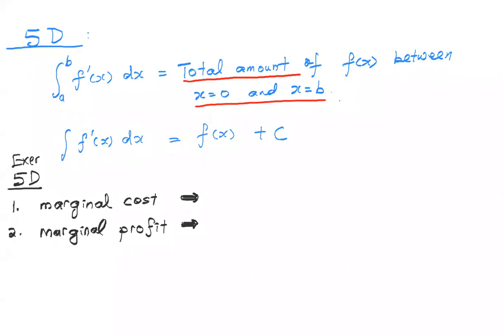Hmm? If you look at the question, example 10, or question 1, the marginal cost per day of producing x gadgets is. Do you see how they write? C prime. So how do you interpret the word marginal cost mathematically?